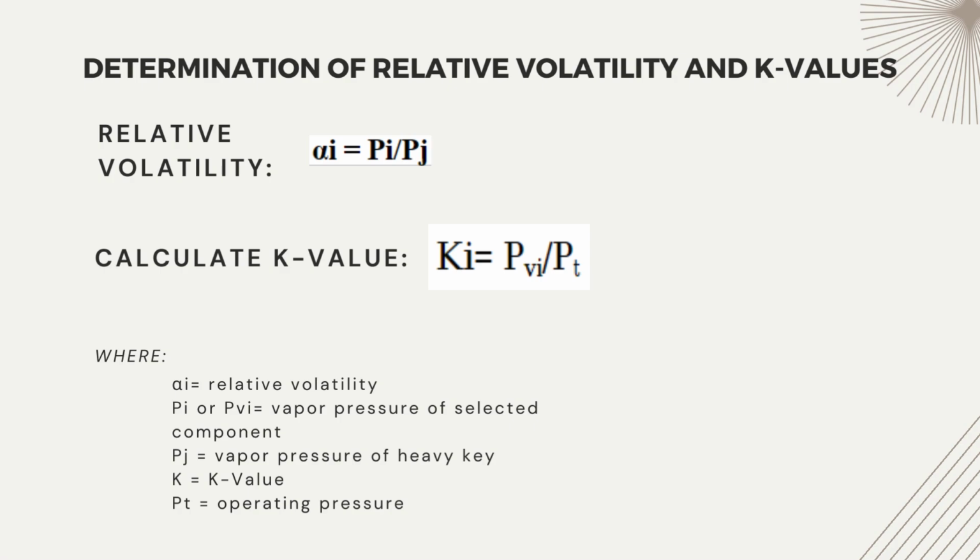The distribution coefficient of component i is calculated by dividing its vapor pressure by the given operating pressure. In this case, the operating pressure is specified as 13 bar, equivalent to 9,750.801910 torr. These calculations provide essential insights into the separation process and help identify the ease of separation between the components in the mixture.